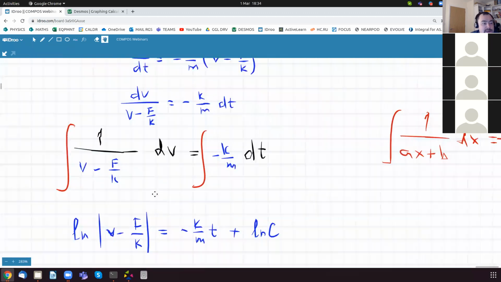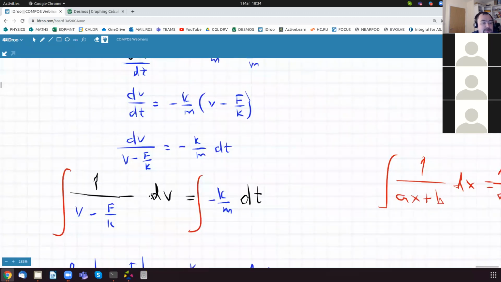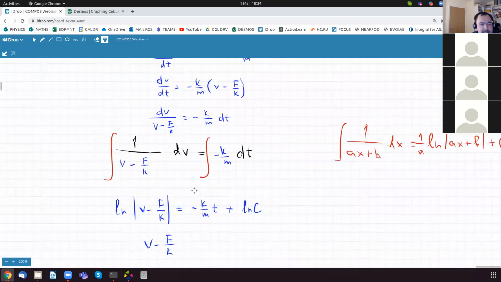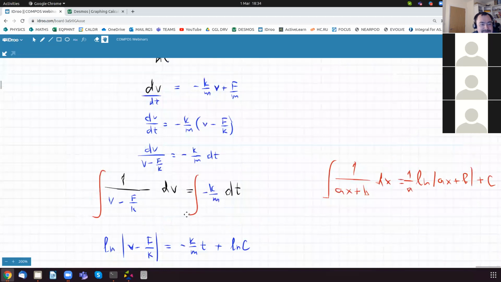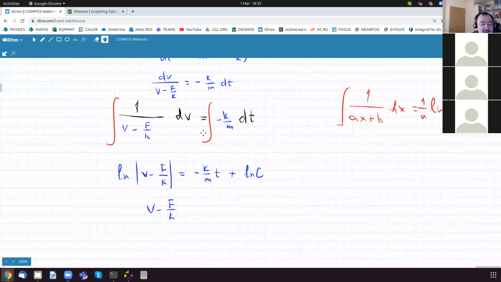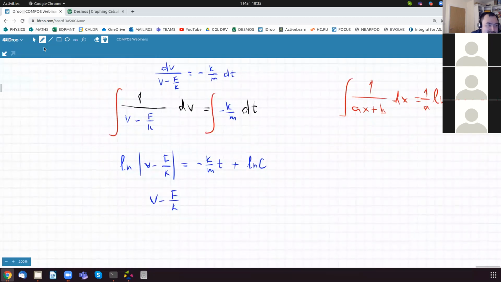A second, 800 of. It's actually going to be always negative. What's going on? Okay, I won't ignore the brackets yet. Okay, sorry, I won't ignore the brackets. The modulus of v minus f over k equals e to the power minus k over m t plus logarithm c.